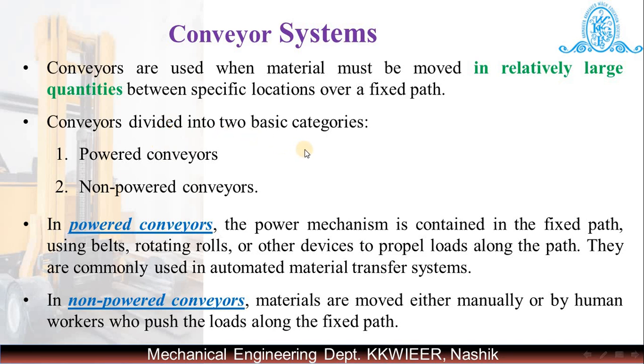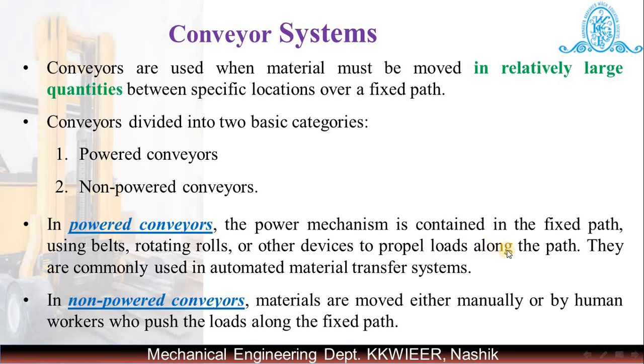Conveyors are again classified into two categories. First one is the powered conveyors and second one is the non-powered conveyors. In the powered type of conveyors, the power mechanism is contained in a fixed path, maybe using belts or rotating rolls or other devices which are used for propelling, like the trailer and tractor, one example which you have seen in the earlier slide.